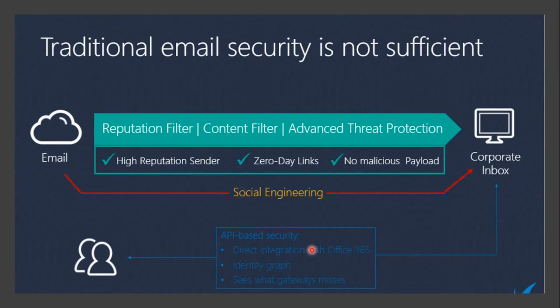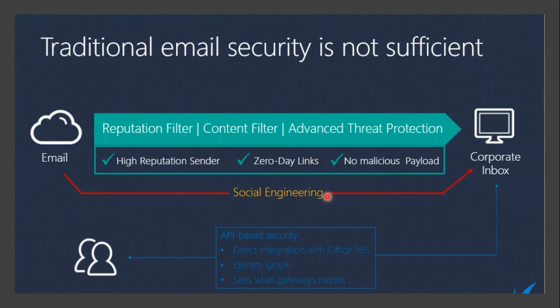And most importantly, what we can do is provide API based integration. Traditional email security, of course, is going to provide the reputation filter, spam, antivirus, advanced threat protection. But for techniques like social engineering, I'm specifically talking about Office 365, you will not be able to detect emails like account takeover or conversation hijacking.